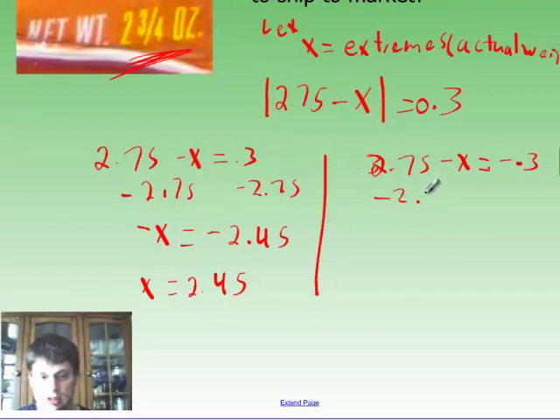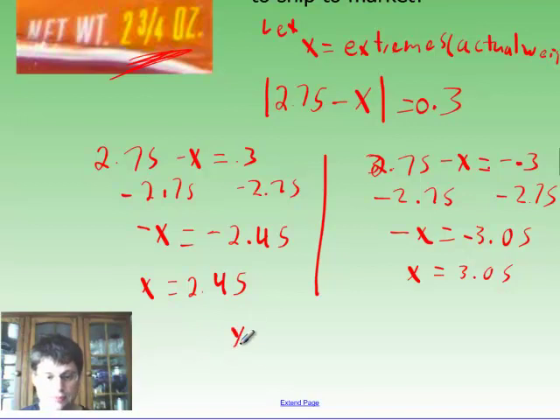And then we'll do the same thing on this side. We'll solve this one out. So I'm going to subtract 2.75. Negative x is equal to negative 3.05. Therefore, x is equal to 3.05 ounces.